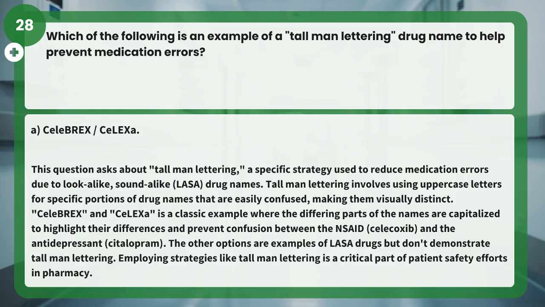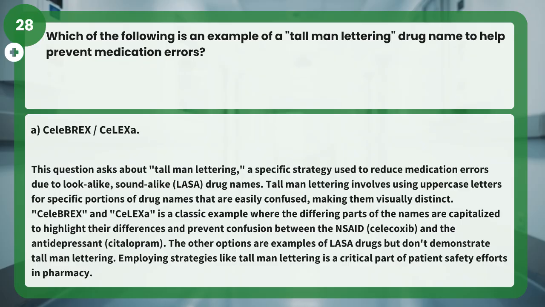Answer A. Celebrex/Celexa. This question asks about tall man lettering, a specific strategy used to reduce medication errors due to look-alike, sound-alike drug names. Tall man lettering involves using uppercase letters for specific portions of drug names that are easily confused, making them visually distinct.